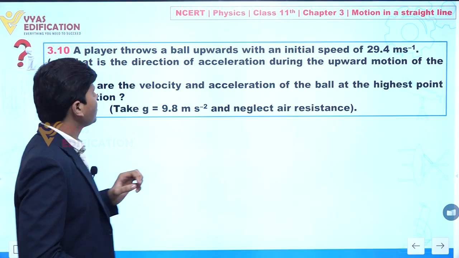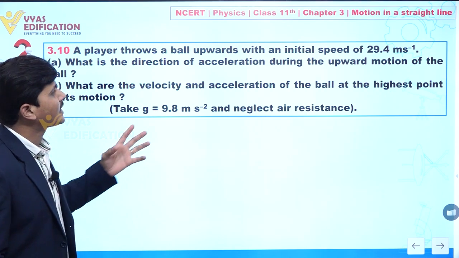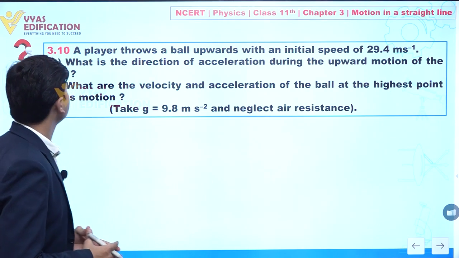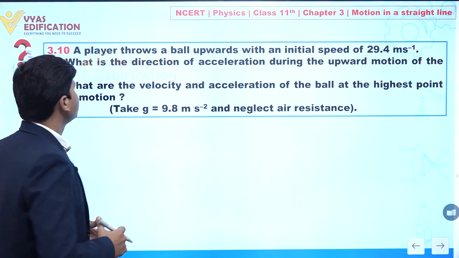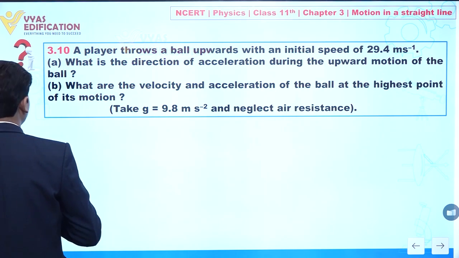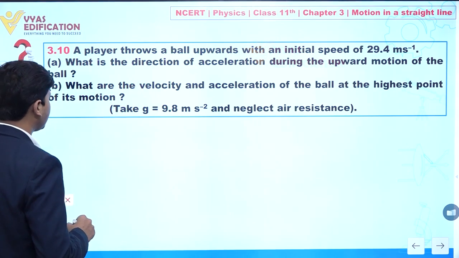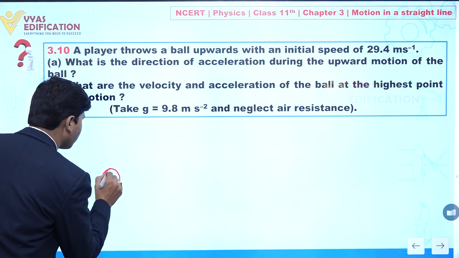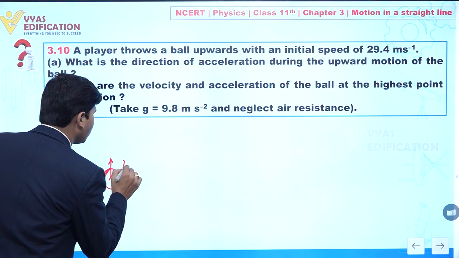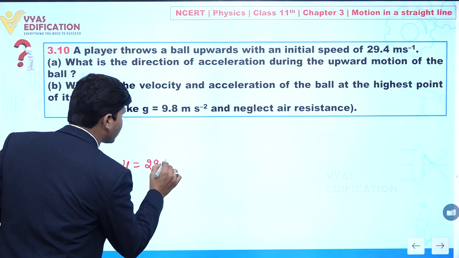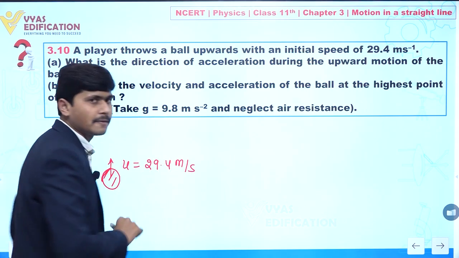So now we are going to discuss this question. Part A is given to you: what is the direction of acceleration during the upward motion of a ball, clear. So listen carefully, a player throws a ball upward with an initial speed of 29.4 meter per second. Let's suppose here we have a ball and we are throwing it in a vertically upward direction with 29.4 meter per second, clear.